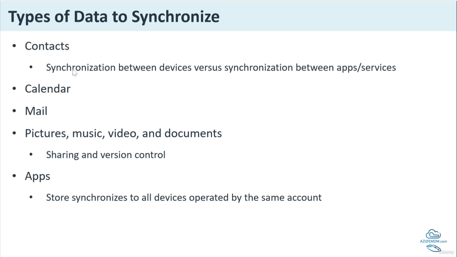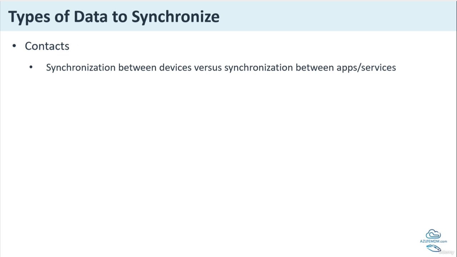We'll understand about the contacts first. Contacts. Whenever you are setting up an account on your iPhone or on your mobile, you have to synchronize your previous data on that particular phone. You can do it by using the same Apple ID on your new device, your new iPhone or iPad or MacBook, where the contacts which you have saved in that Apple ID will get synchronized on that new device.